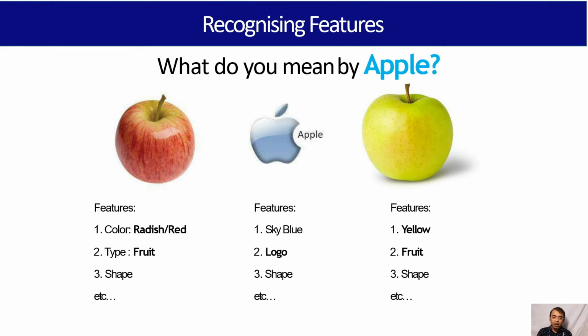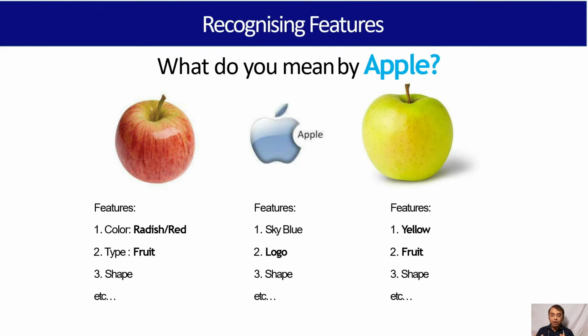For the middle one, this is the apple logo. The color will be sky blue, the type will be logo, and the shape will be like this. And for the third one, the yellow apple, the color should be yellow, the type should be fruit, and the shape will be like this. This is called the feature.